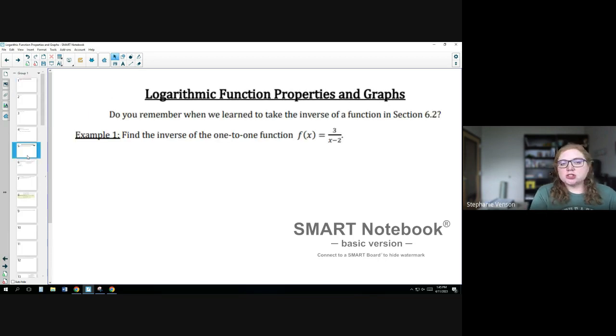And then I'll go straight into the logarithmic function properties and graphs notes. Now, if you're in 9:30, you can just skip ahead to the portion of the video where I start these notes. Or if you'd like a refresher on numbers 42 through 45, then you can watch that as well. So it's totally up to you, but that's what I'm going to start with.